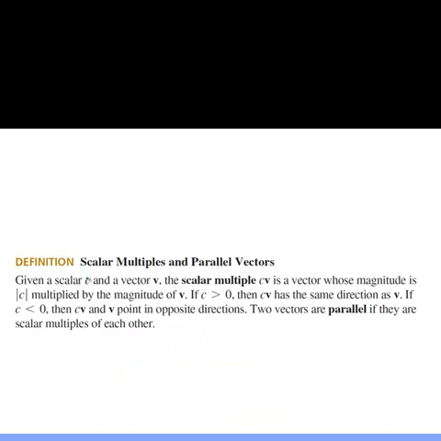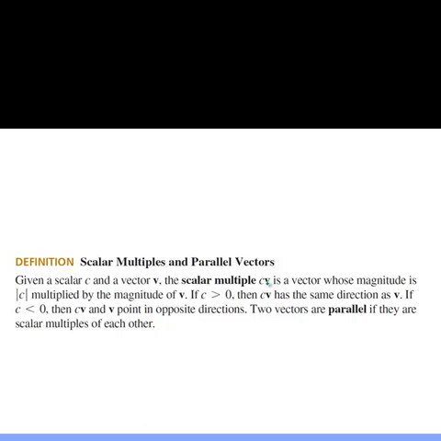All right, so generally speaking, we have a scalar c and a vector v. Notice that the vector v is written in boldface here. We use boldface to indicate vectors versus scalar c, which is not bold. That's how you can tell them apart. Now, you multiply scalar c times vector v.